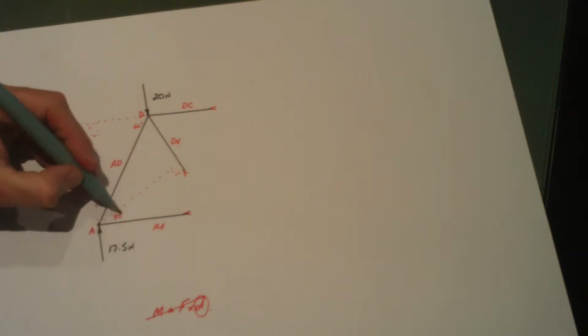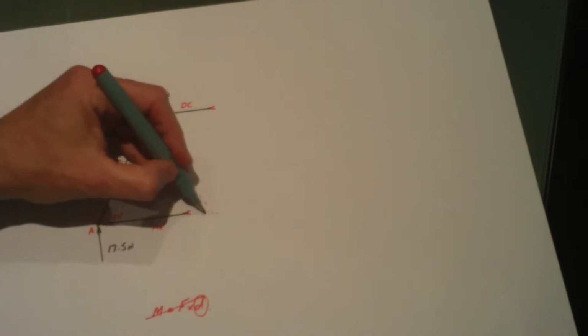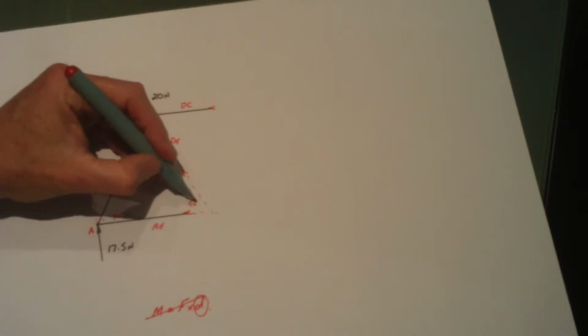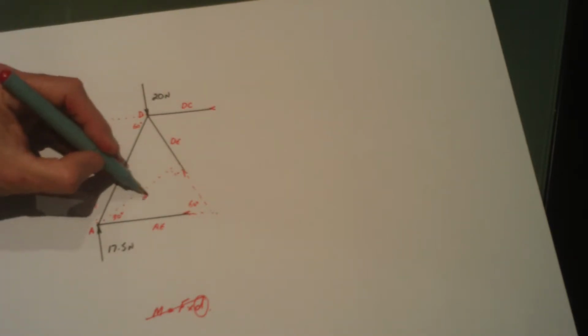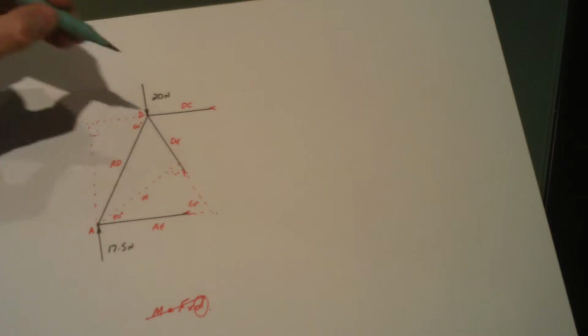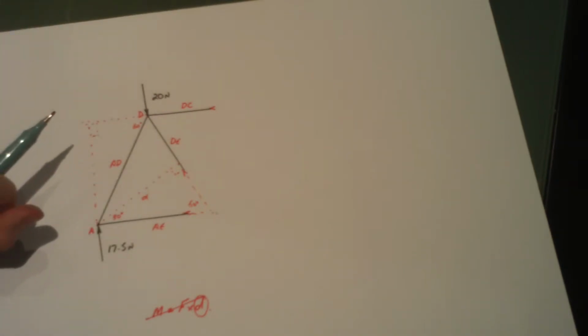This would be 30 in here, and over here, if we continue that line of action down, that would be 60 in here as well. So we've got these similar triangles. That distance from this point to that line is exactly the same as that one. It's just the triangle's turned upside down.